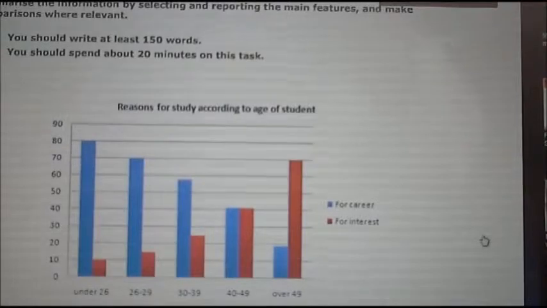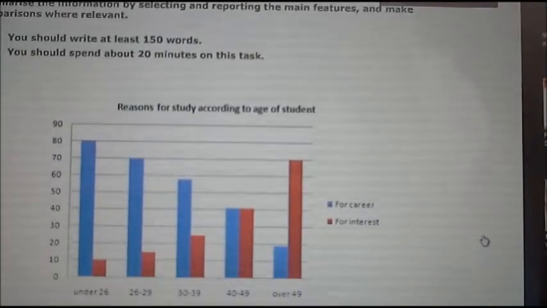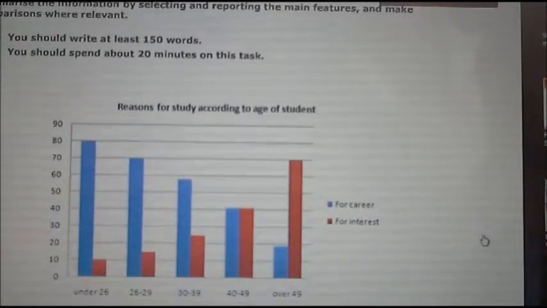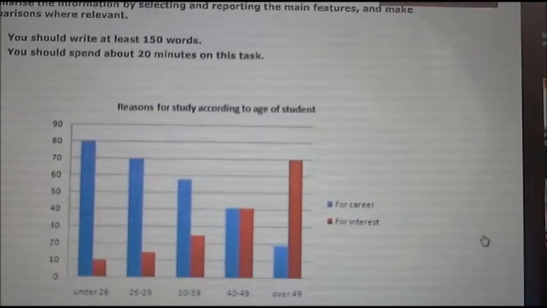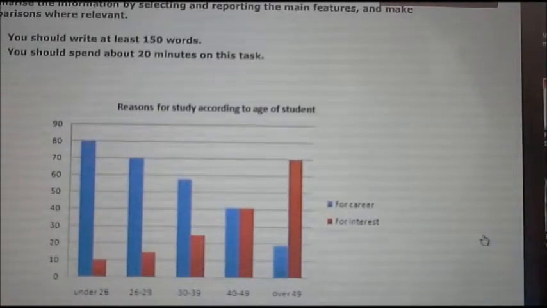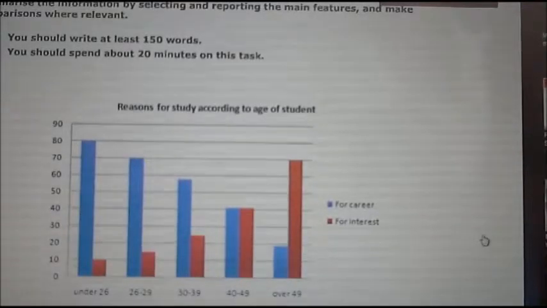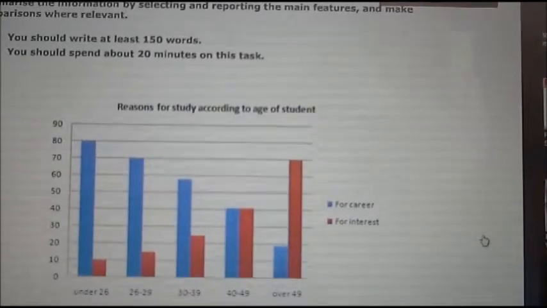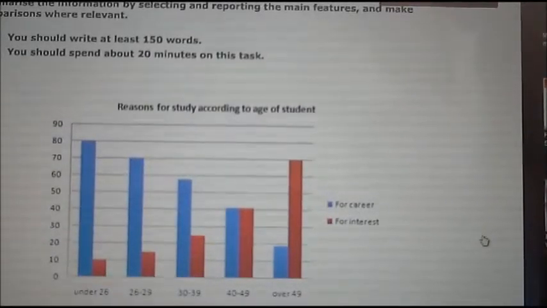Here the first group is under 26, so children and young adults under 26, up to old ages and very old ages.